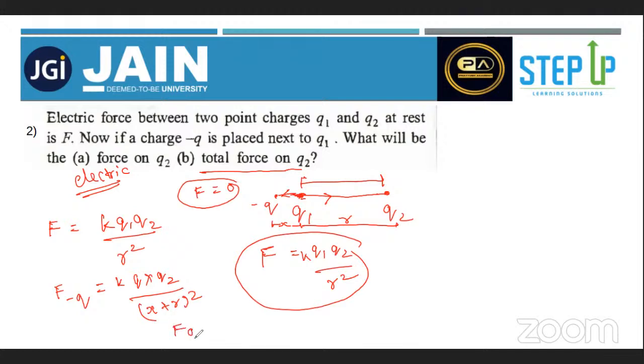And F because of q1 will be K q1 q2 by r square. We have to use these 2 to find the resultant. But if the magnitude is the same, the total force will become equal to 0, because one will pull q2 towards itself because of its negative charge, and the other, because of its positive charge, will try to repel q2.